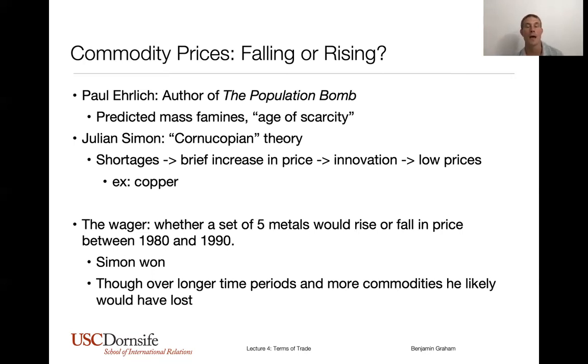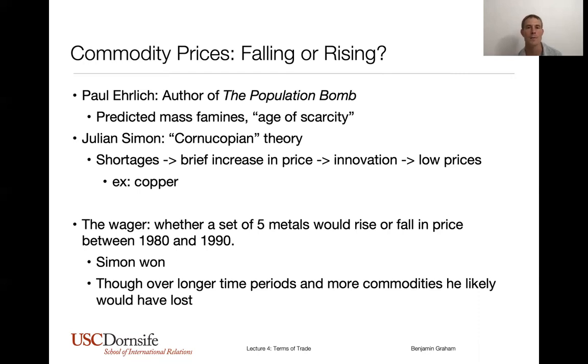Ehrlich is saying, look, these things are going to go up in price over time, up, up, up. We're heading for this age of scarcity. And Simon's like, no, over time in general, these things are going to be dropping, because they might go up for a little bit, but then you'll have innovation and then they'll fall. So they make this bet, and Simon won, that this basket of 5 metals was cheaper in 1990 than it had been in 1980.